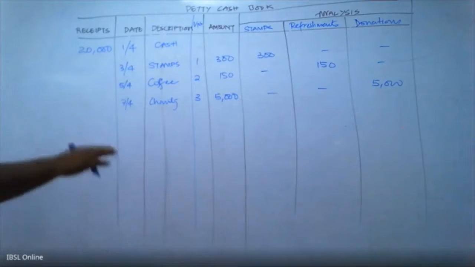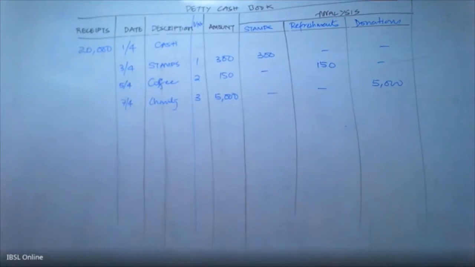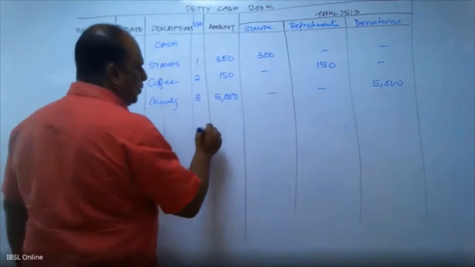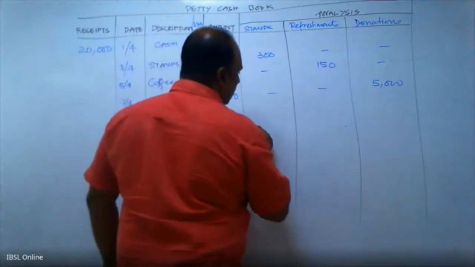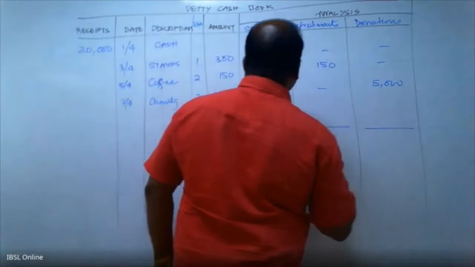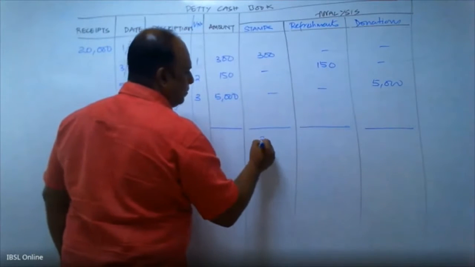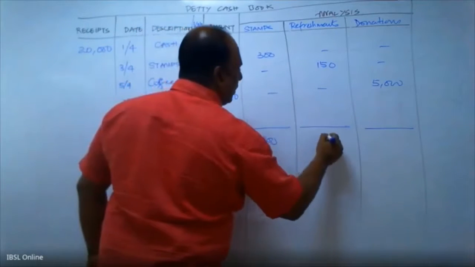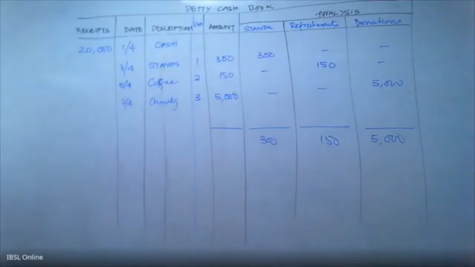So let us assume that the month is over now. What do you do? Now you have to total. So here you have 300, 150. Oh, there is another transaction actually. Yes, I have missed it.